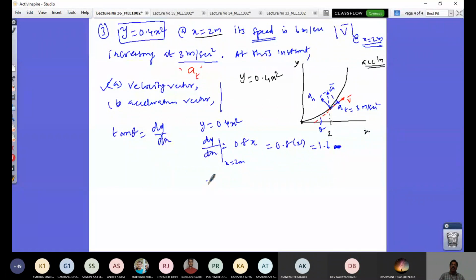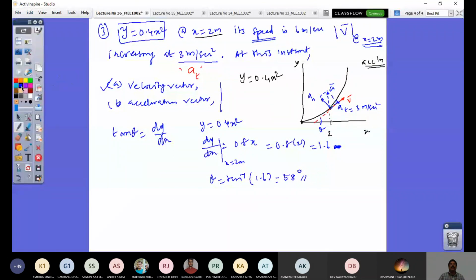Now I know my angle theta, tan inverse of 1.6, which is 58 degrees. So this angle is 58 degrees. I know my velocity vector v is given by 6 meters per second. Right? V is 6 meters per second.